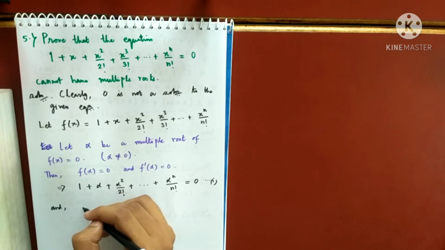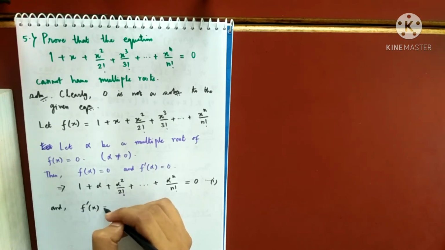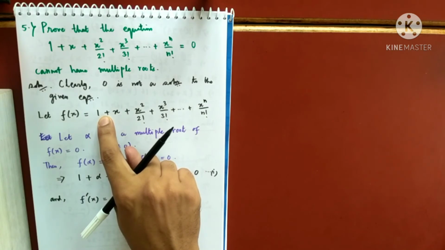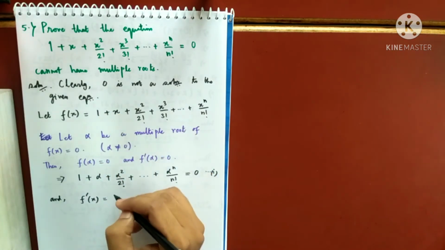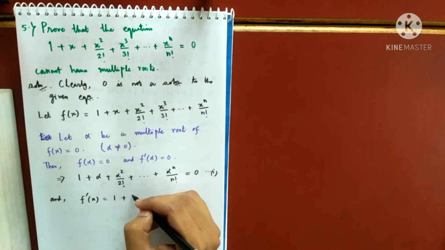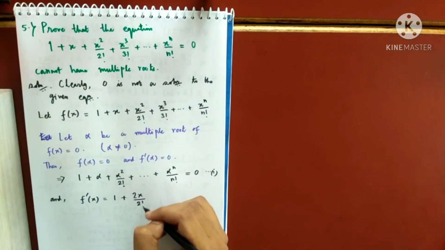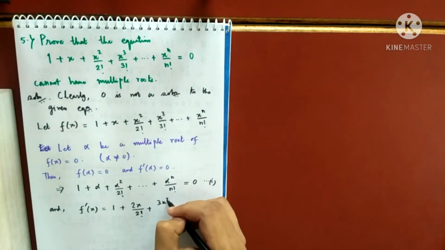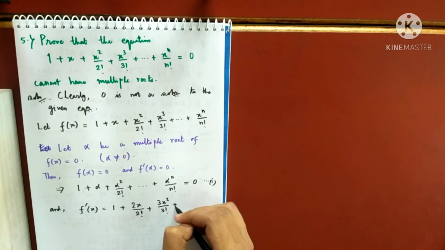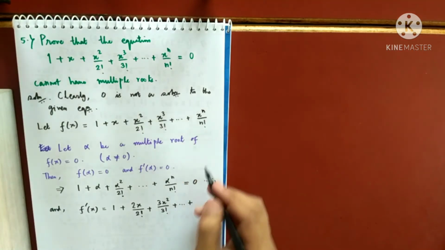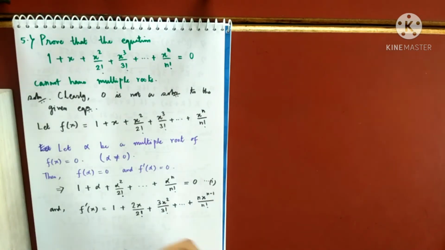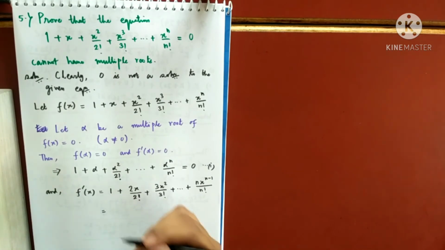Let's find f dashed x first of all. You find the derivative of this function. Derivative of 1 is 0. Derivative of x is 1. Derivative of x square is 2x, and this is a constant. Derivative of x cube is 3x square, dot dot dot. Derivative of x to the power n will be n x to the power n minus 1 by n factorial. You can actually simplify this derivative.